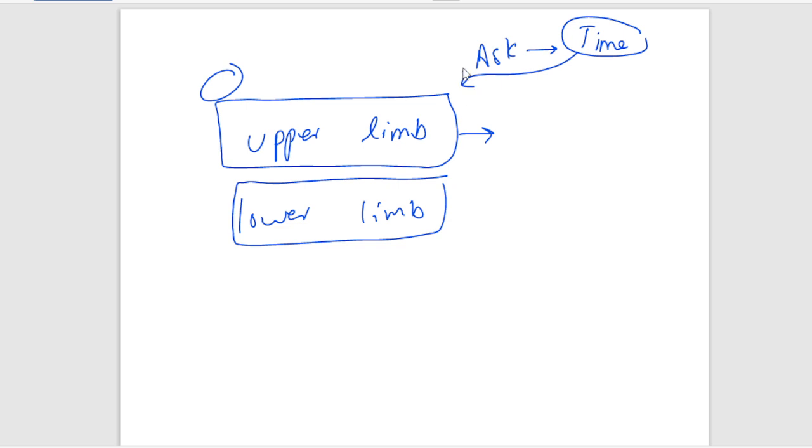When you find that you have 2 months, 1 month, or 3 months, divide your time in half. If you have 2 months, complete the upper limb in 1 month and the lower limb in 1 month. If you have 1 month, 15 days for the upper limb and 15 days for the lower limb. Divide your time like this.